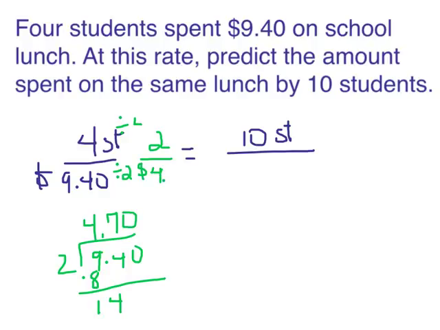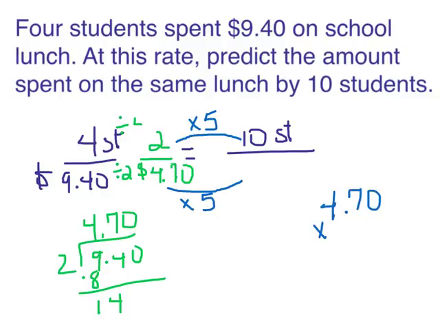So $4.70 goes here. Now my next step, how can 2 turn into 10? Well, that can easily be done by multiplying 2 times 5 in order to get 10. And I would do that same procedure here. $4.70 times 5. 5 times 0 is 0. 5 times 7 is 35. 5 times 4 is 20 plus 3 is 23.